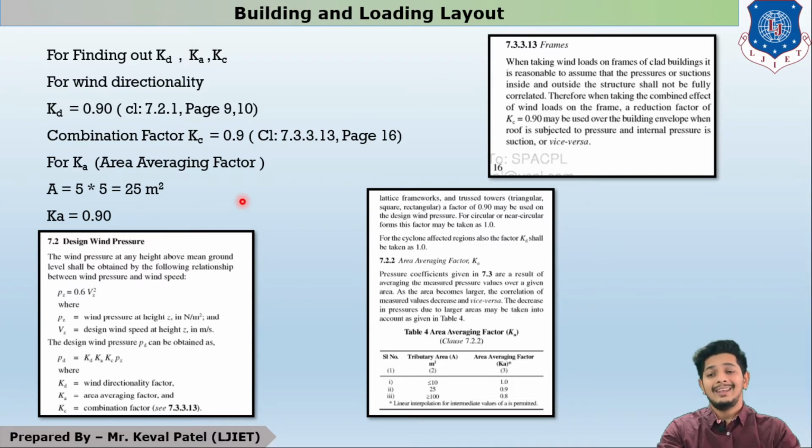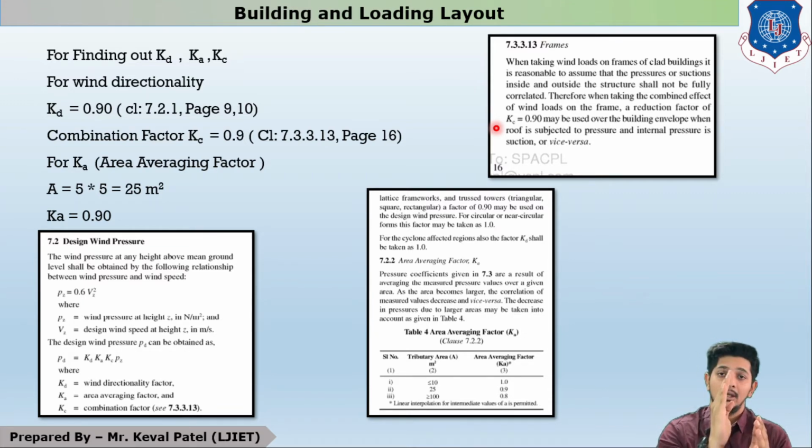Now for Kc, Kc is a combination factor, and it should be taken as 0.90 according to clause number 7.3.3.3. Combination factor is nothing but whenever the pressure is in a similar direction, it means that if there is a building and wind is acting on that, the wind will try to go upwards, right?